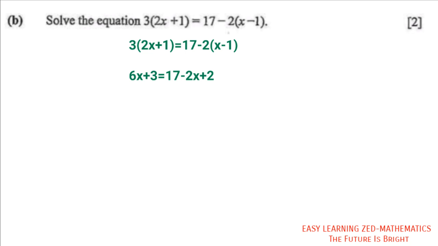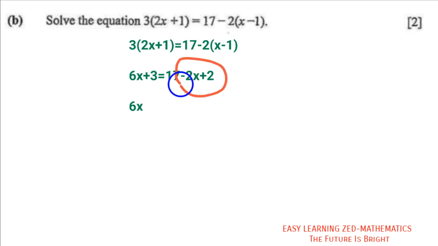So I'm going to write 6x, then pick the terms that have x in them. As you can see in this expression, the only other term that has x is negative 2x. That is the one I'm going to get. Now, 2x is on the other side of the equal sign, so it's going to cross the equal sign and come this side.